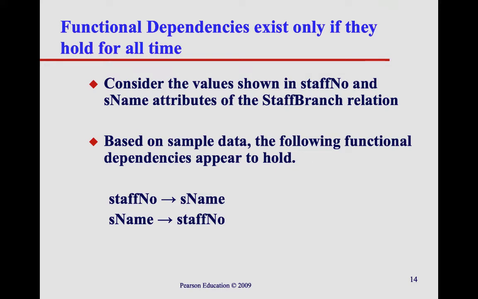In a large company, there's a good chance that there will be at least 2 employees that have the same first and last name. So you could easily, by just looking at some sample data that contains unique names, decide that staff name uniquely determines staff number. Before you go and make that assumption, you better verify it.